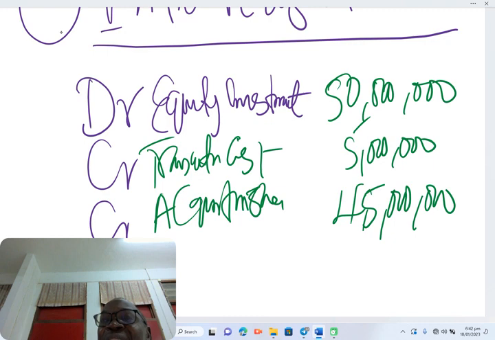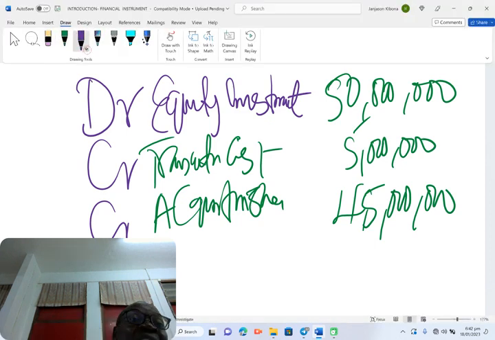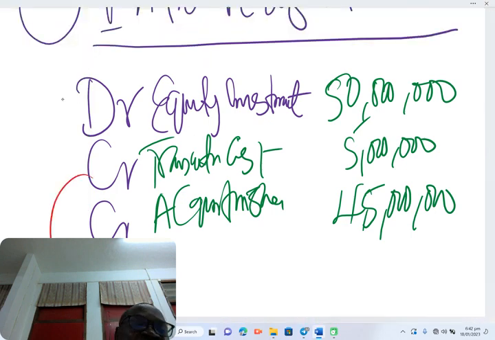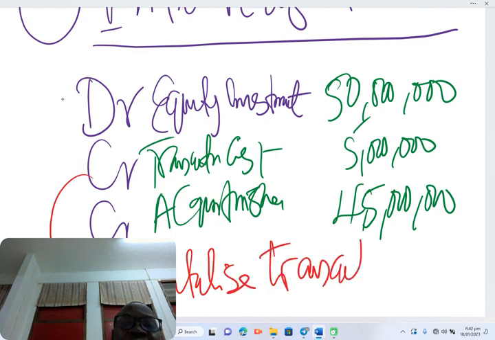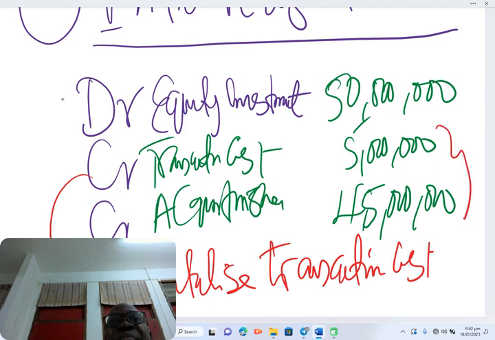So, equity investment must capitalize the transaction cost. That is very important when shares are bought for strategic reasons. Remember, capitalize. You add the transaction cost to get the total cost in getting the investment.